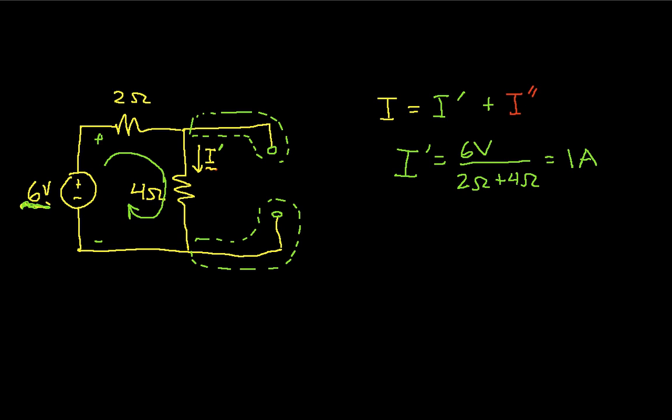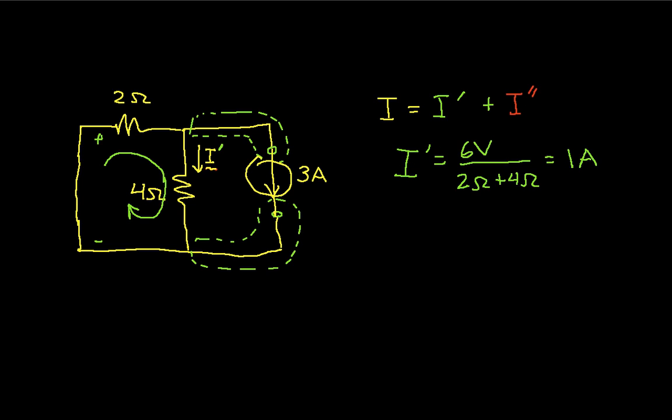Let's put the current source back. So we now have our current source back, and let's get rid of our 6 volt source. To make a voltage source go away, to set it to 0, basically you replace it by a short circuit.